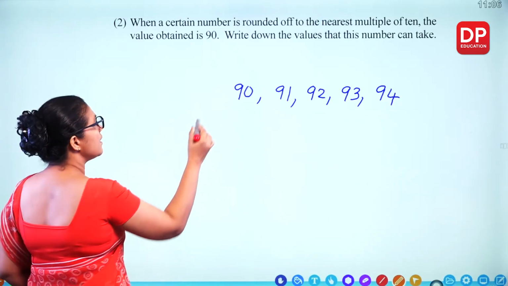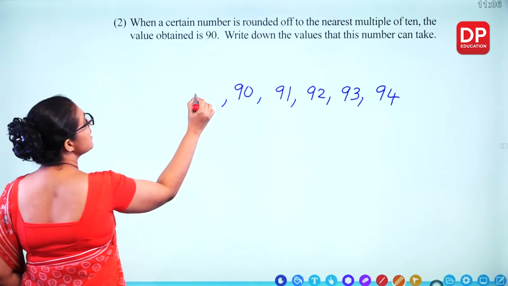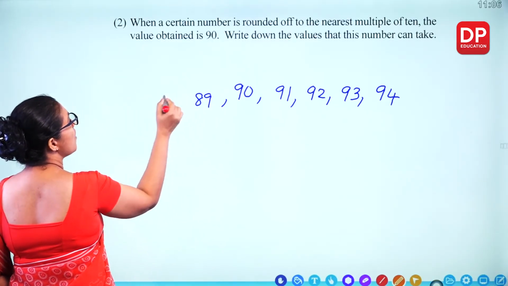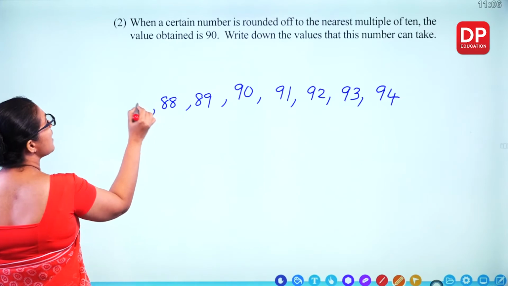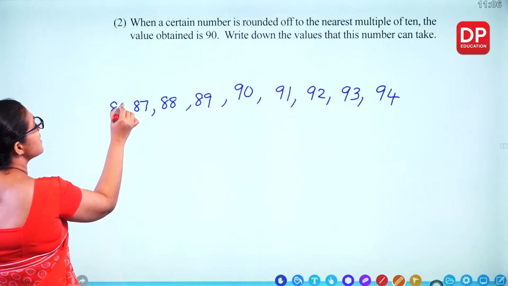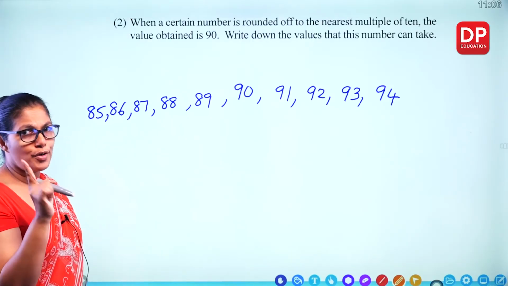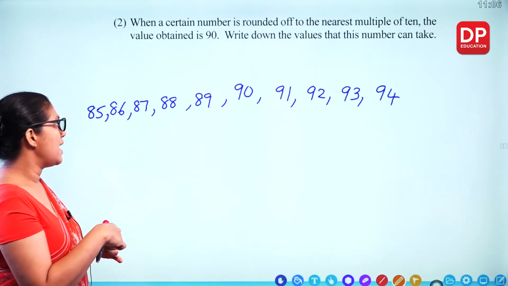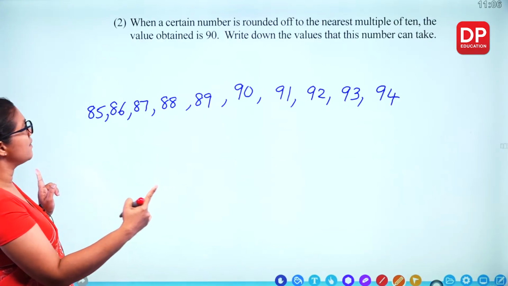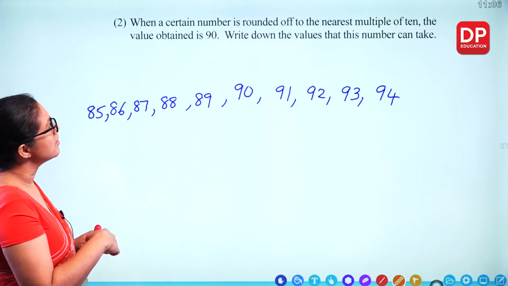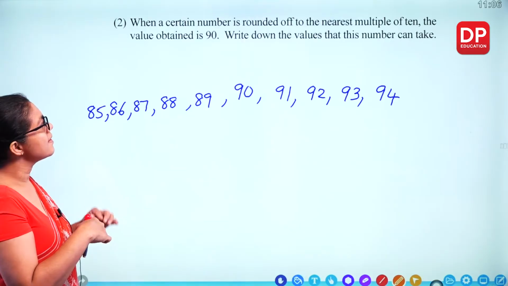So you can't take. To this side, you can take 89. We are adding 1. So 88, 87, 86 and 85. Can we take 84? No, then it becomes 80 as the rounded value. So these are the values rounded to the nearest 10, that's 90.